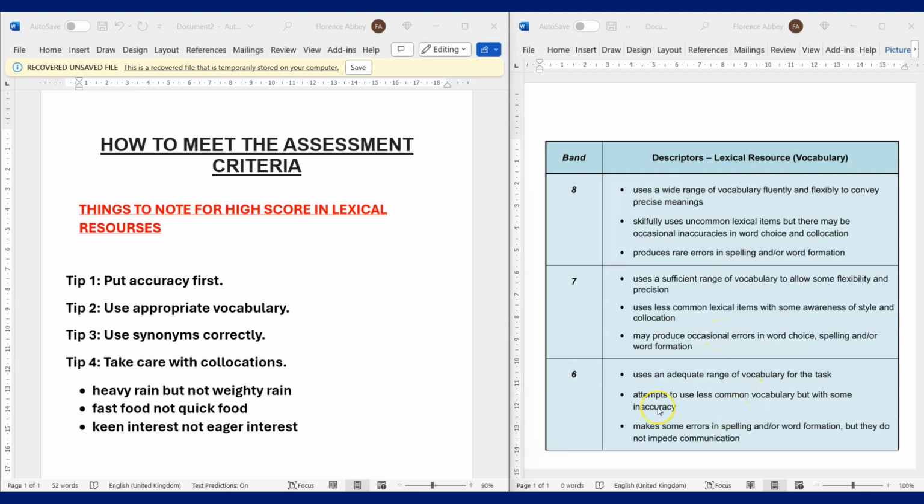So the person in band 6 gets some inaccuracies, but with band 7, he may get occasional errors. That means it is not as much as compared to band 6. But when you do that, you might be getting a band 7 and not band 8. For you to get a band 8, you need to use a range of vocabulary fluently and flexibly to convey precise meaning.